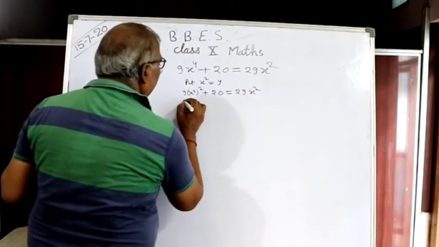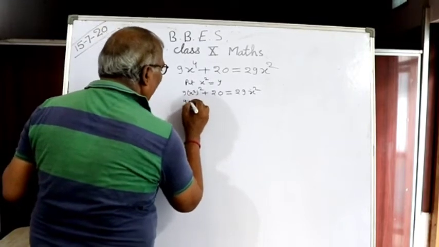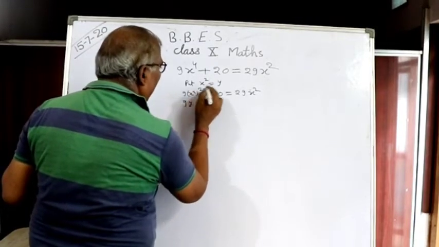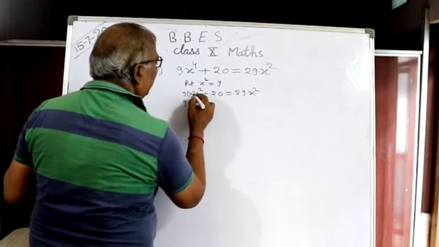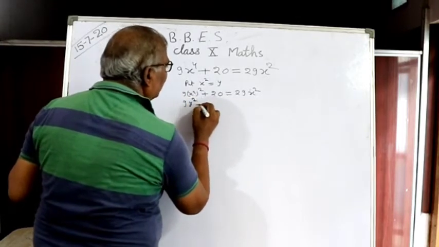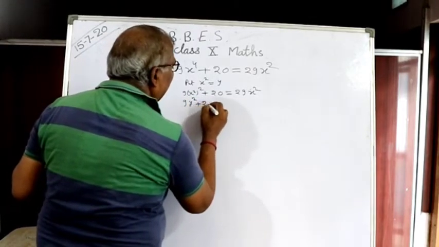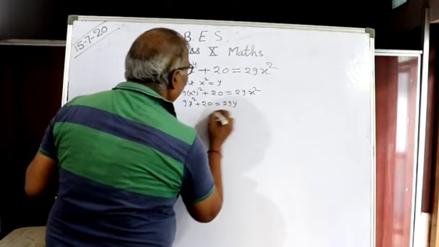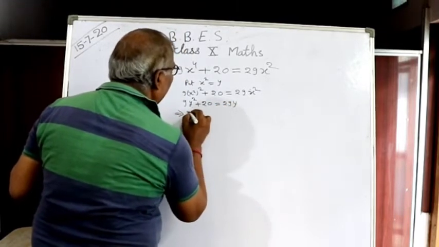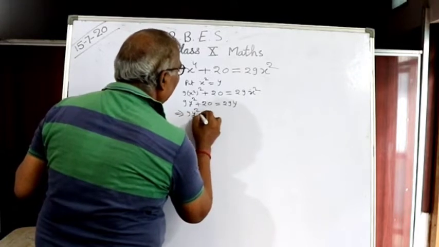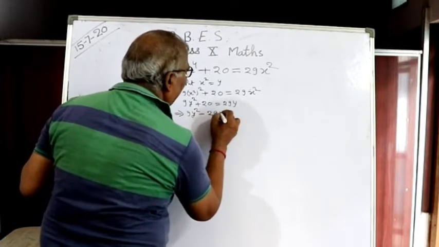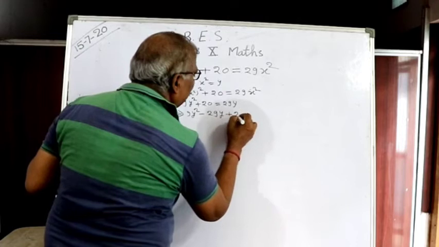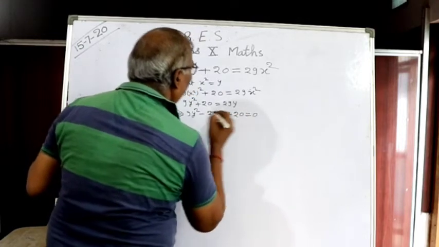Now in place of x square, we will write here y. Then it will become 9y square plus 20 is equal to 29y. This implies that 9y square minus 29y plus 20 is equal to 0.